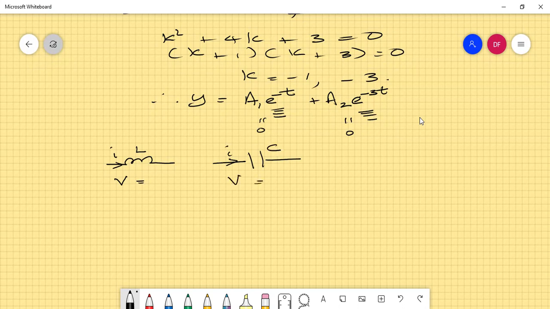And for a capacitor, and for a resistor. So for the inductor, it's L di by dt. And for the capacitor, what's the relationship between voltage and current?